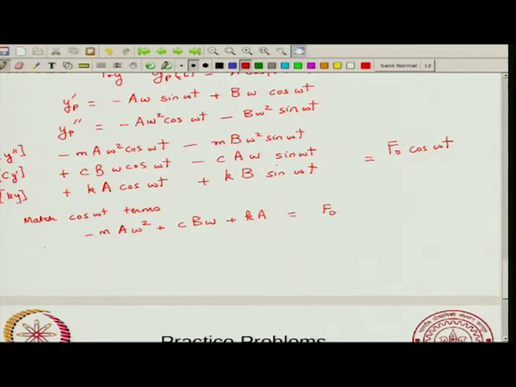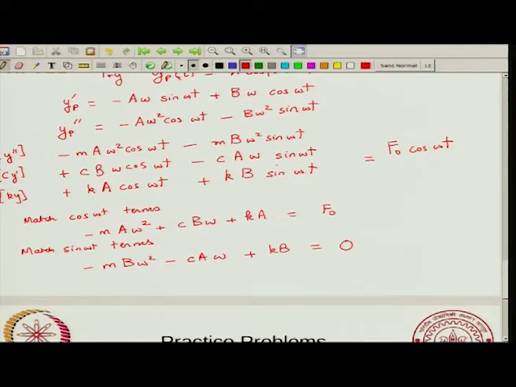And if you match the sine omega t terms, you get minus m b omega square minus c a omega plus k b equal to 0.